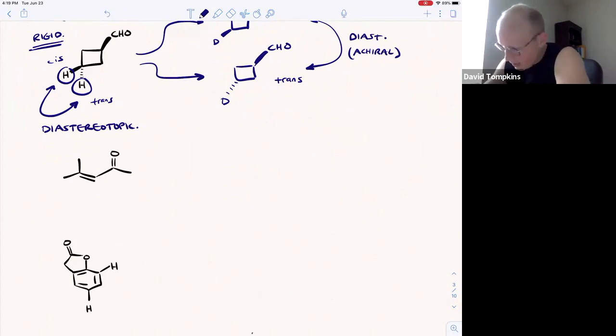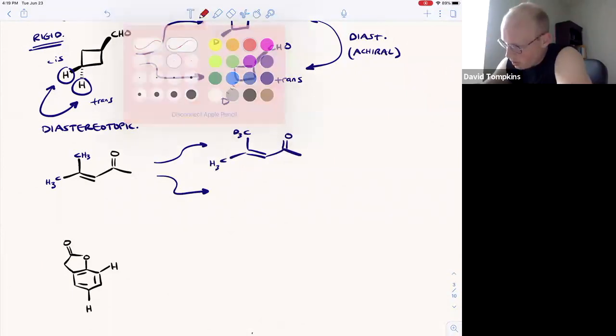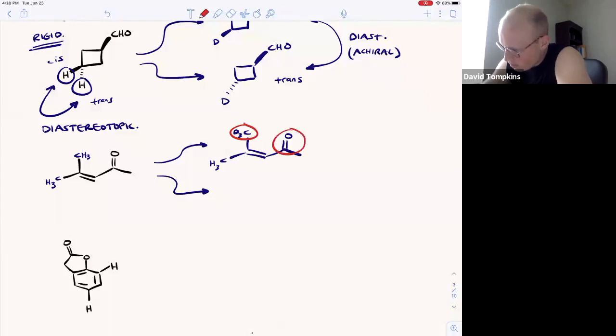In the next example, I'm going to now compare these two methyl groups that are on an alpha-beta unsaturated ketone, and we'll see an analogous geometric isomerism, where replacement of one methyl with CD3 generates one stereoisomer, where here CD3 and ketone are cis to one another. That's known as the Z isomer when they're on the same side of this pi bond.